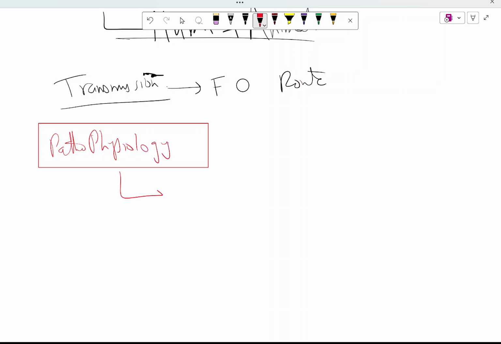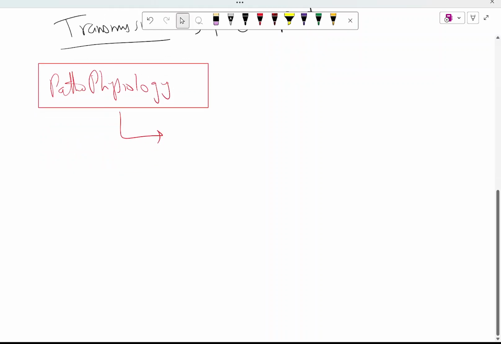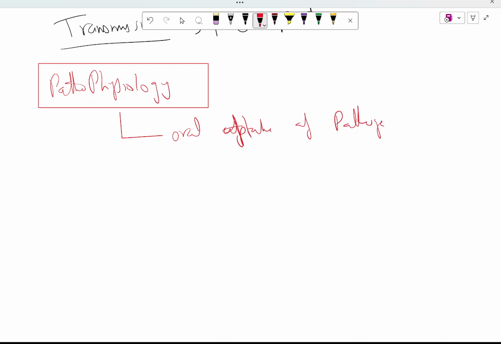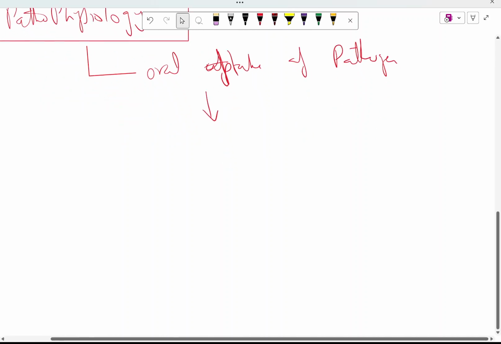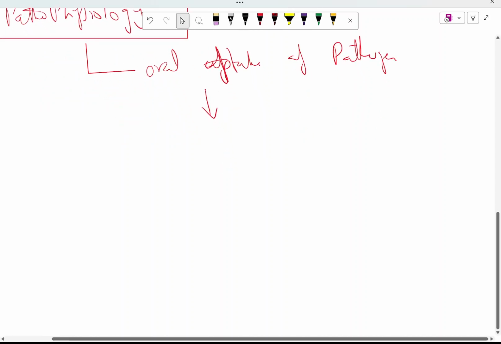So what will happen? As you already know, its transmission is via the fecal-oral route. So there is oral uptake of the pathogen in a large quantity. What happens when you ingest dirty water contaminated with typhoid bacteria?